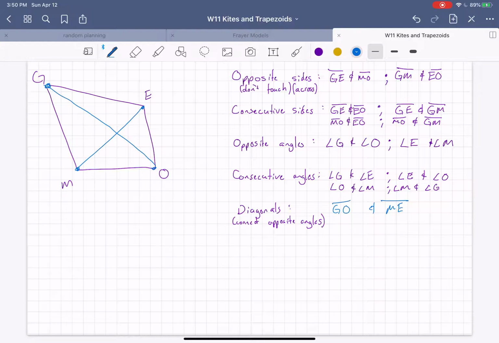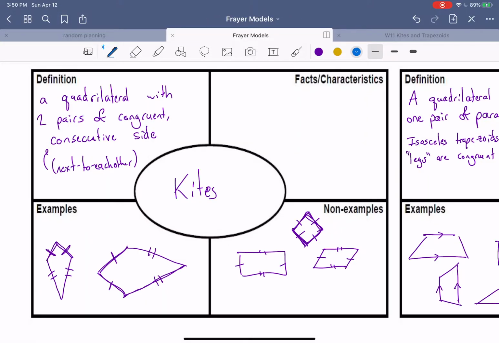Now let's go in and learn some properties about our kites, and we'll go back and talk about them. So we should be adding these to our Frayer models as well. The first property is diagonals are perpendicular, which means they meet at a right angle.